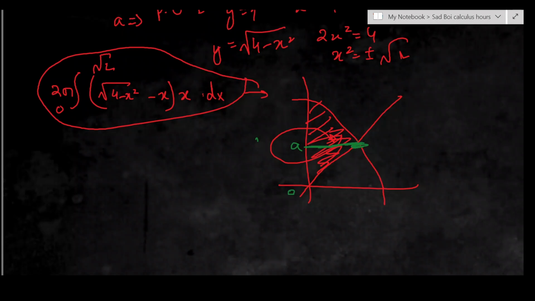The intersection. So what we saw here was from 0 to A, this area was only bounded by this line, right? And the area from A to 2 was only bounded by the curve.